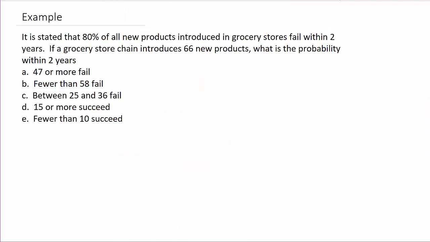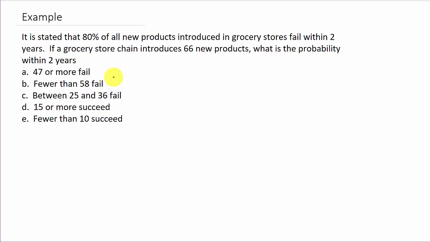Now you can see here I've got 1, 2, 3, 4, 5 of them here. Now you need to watch these because, well, let's just read the problem. It is stated that 80% of all new products introduced into grocery stores fail within 2 years. If a grocery store chain introduces 66 new products, what is the probability within 2 years 47 or more fail?